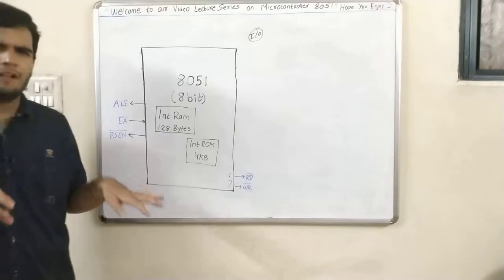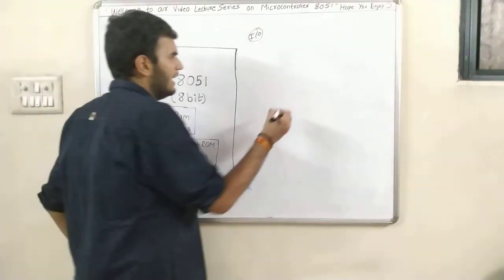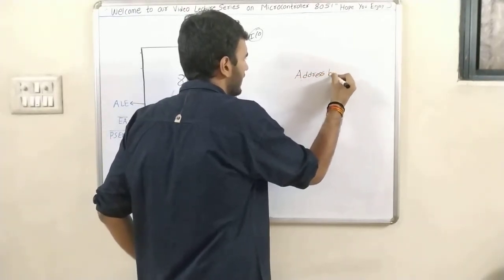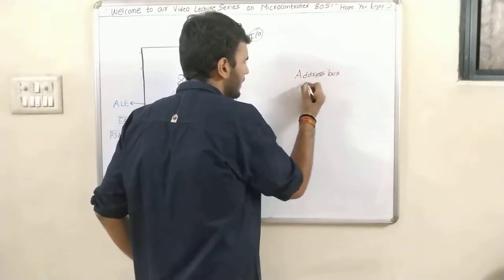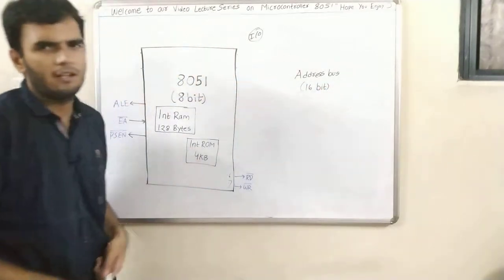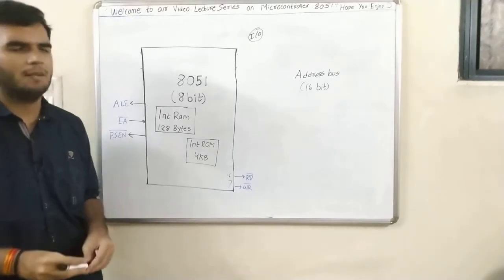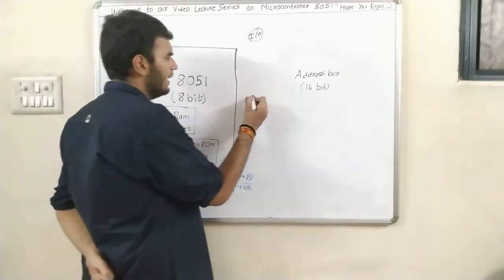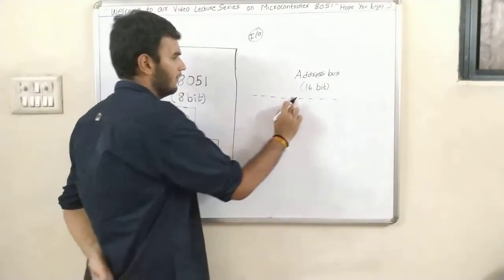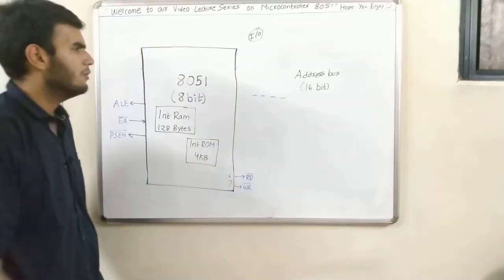So how can we define the range of that expandable memory? That is decided by the address bus. How many bits is the address bus? It is 16 bit. What does 16 bit mean? It basically means this many lines.